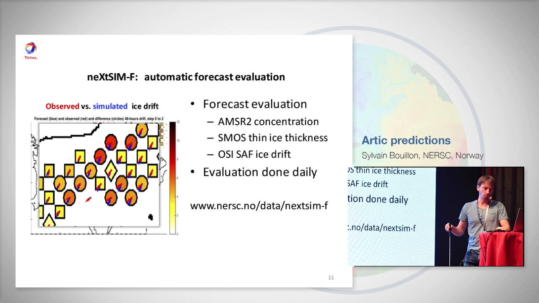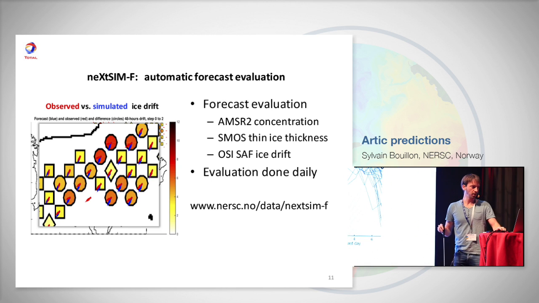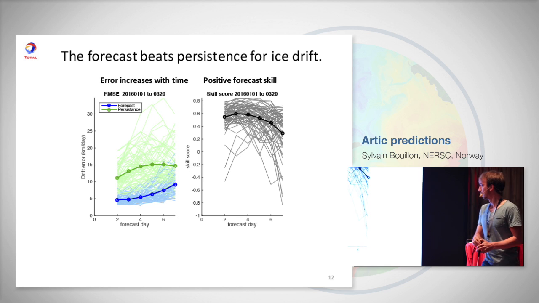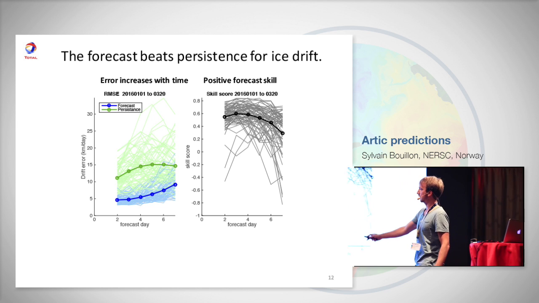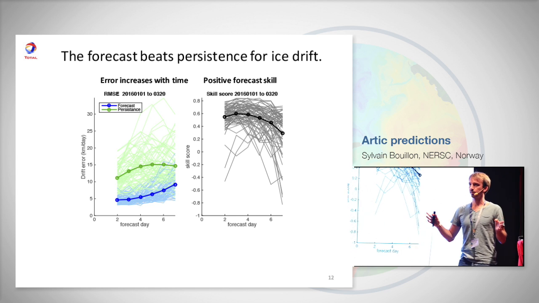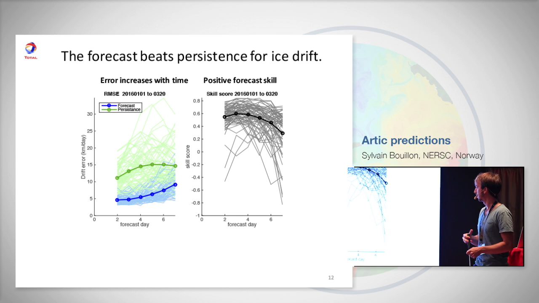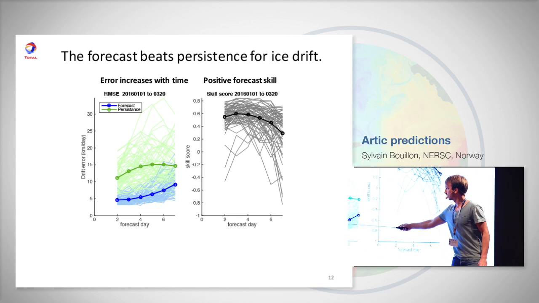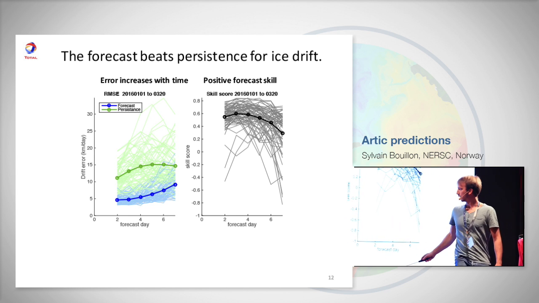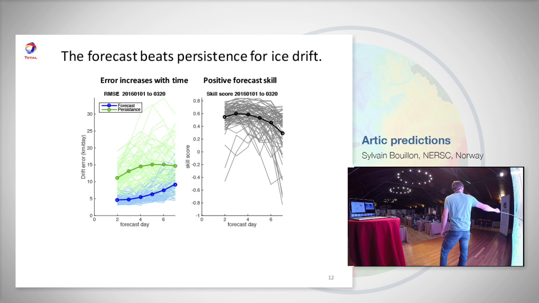So that's qualitatively good. And now to have a more quantitative evaluation of the drift, we looked at the drift error for 3 months. In blue, you have the mean drift error from the forecast for day +2 to day +7.